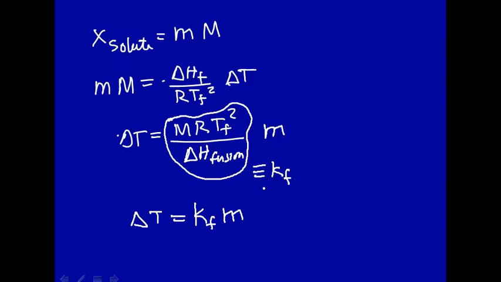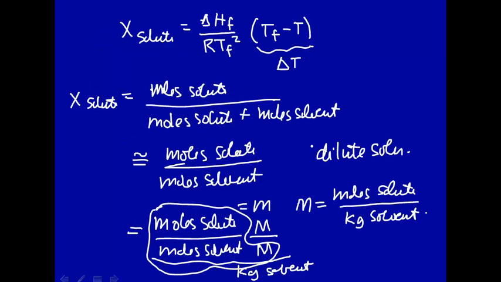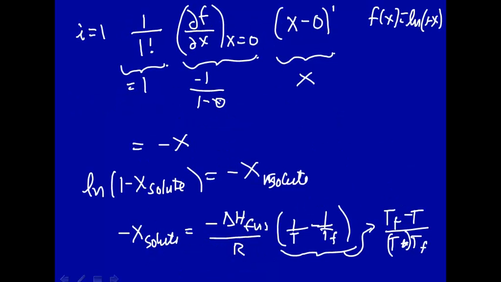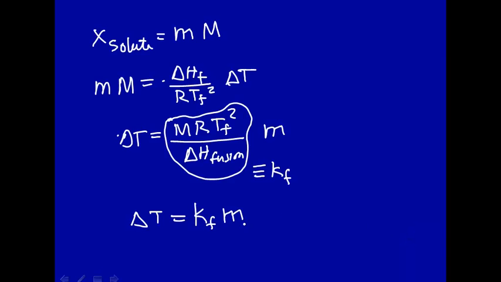And what have we done to get that? Well, we've assumed that we have a dilute solution, and if it's a dilute solution, then the freezing point doesn't change much when you add the solute, so this can be replaced by a constant. And with those things, we have the intro chem equation.